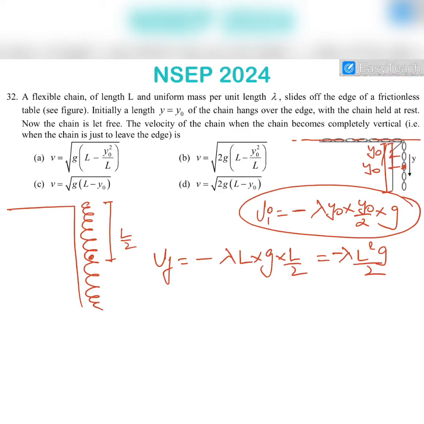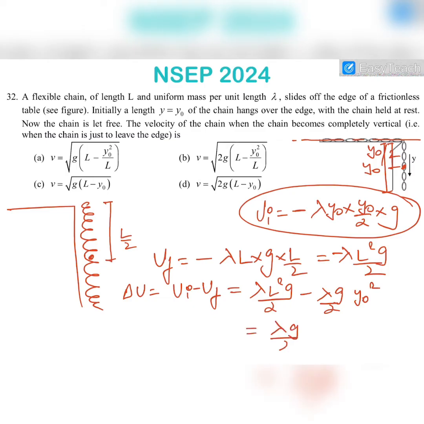And obviously the potential energy of the chain would decrease because the kinetic energy is increasing. So we can say that delta U, which is the decrement in the potential energy, will be U initial minus U final. And U initial minus U final will be lambda L square g by 2 minus lambda g by 2 y naught square. And this is lambda g by 2 into L square minus y naught square.